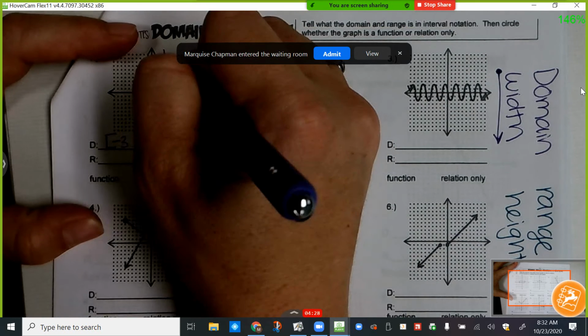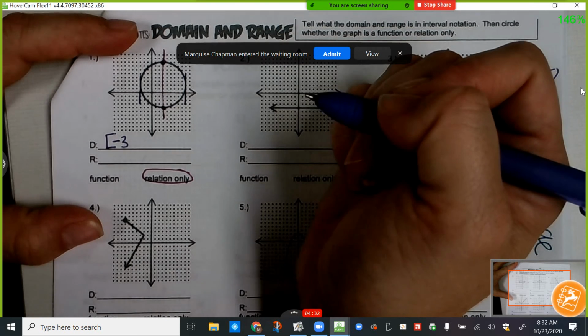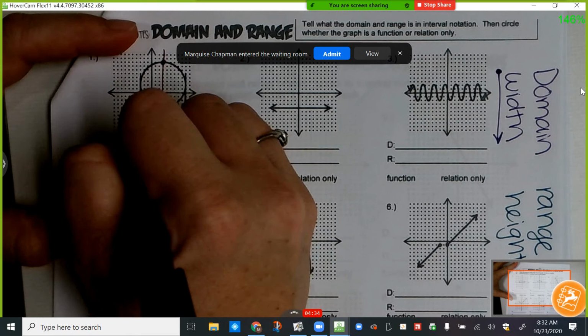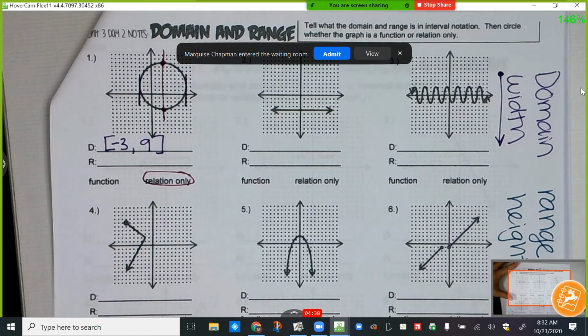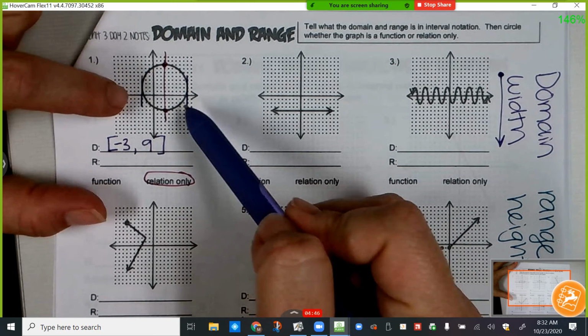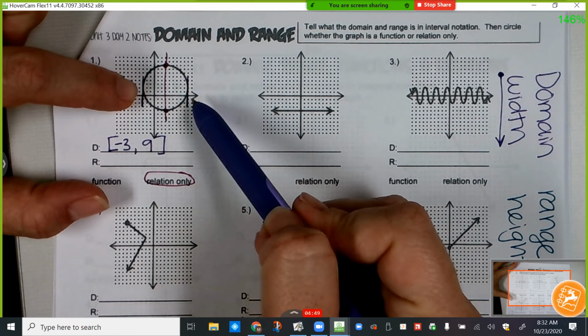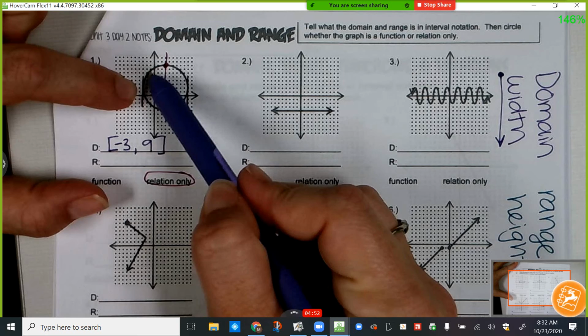And what's the farthest right it goes? There is your domain. That is telling me that everything between -3 and 9 is being used. Okay? Is there a solid line everywhere between those two lines that I just drew? Yeah, see how that solid line literally goes from one side to the other? So that is true.